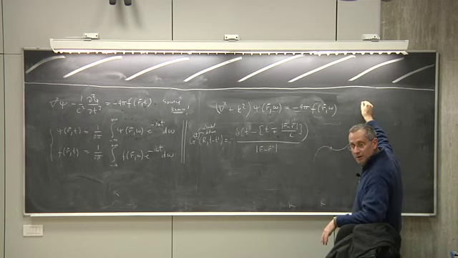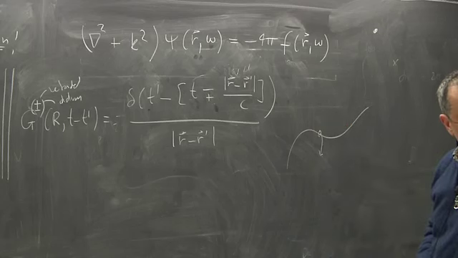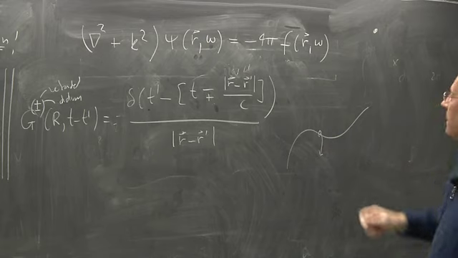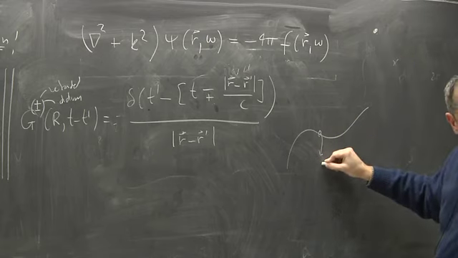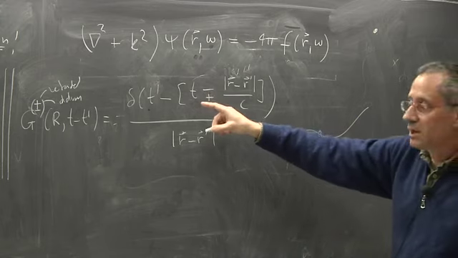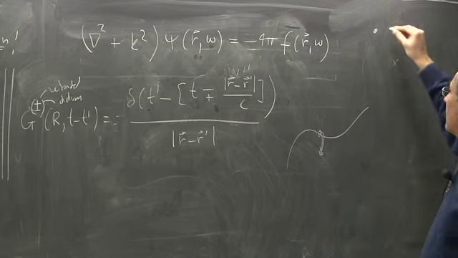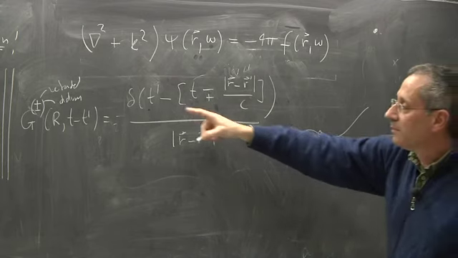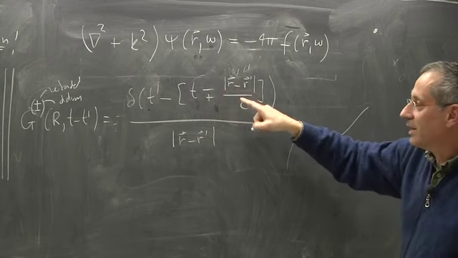And you are sitting here, and this charge suddenly decides to go left. Okay? So you're sitting here, you are not going to find out about this instantaneously. Not at the time t. At the time t, this goes left, and you are here.